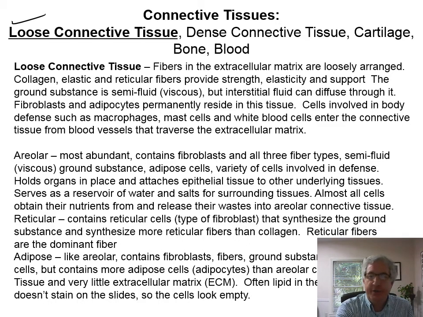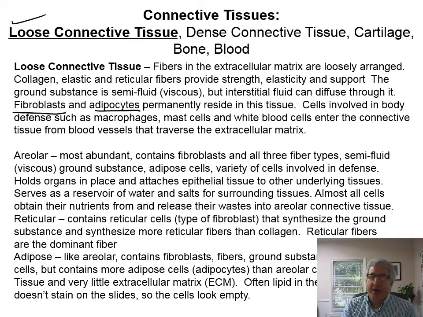The two types of cells that are in this tissue are fibroblasts and adipocytes. Fibroblasts, fibro referring to fiber, blast meaning cell, are cells that produce fibers. Adipocytes, meaning fat cells, store fat, and they permanently reside in this tissue.